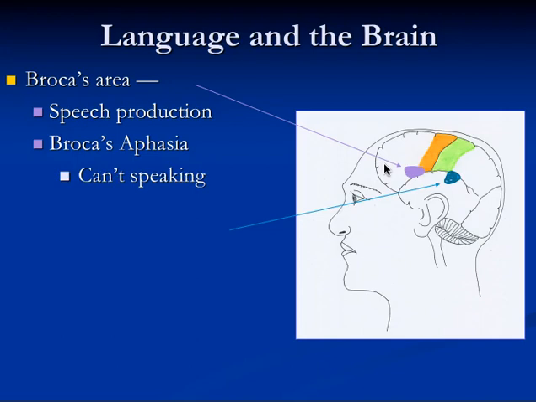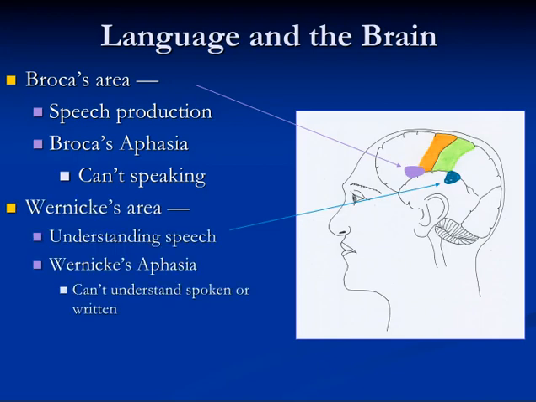They can't speak well. And so they know now that this particular area is necessary for speech production. Now the next area, Wernicke's area, is a little bit different.